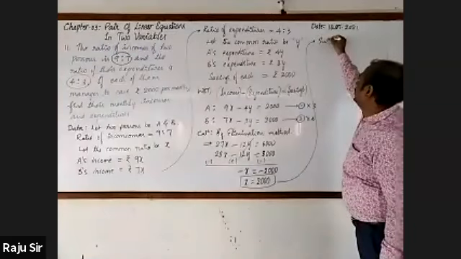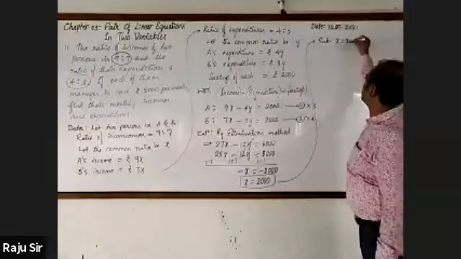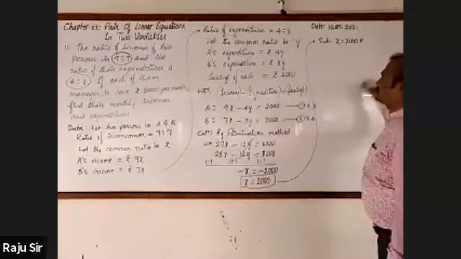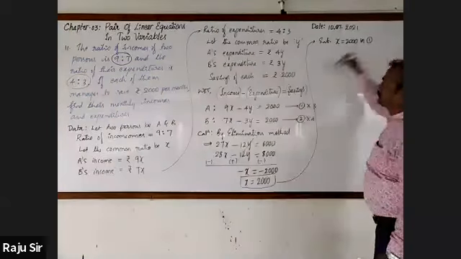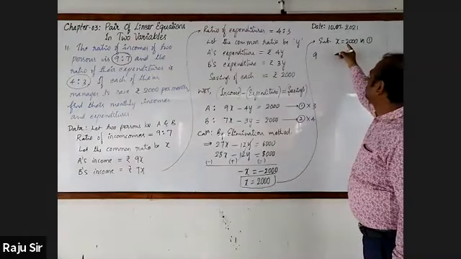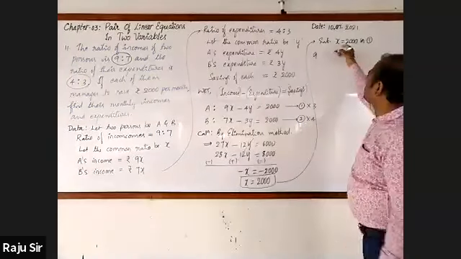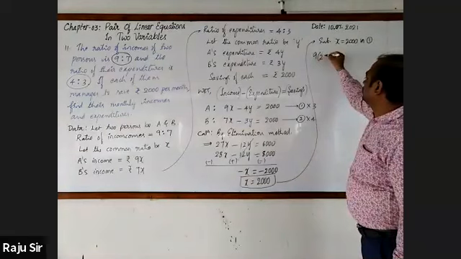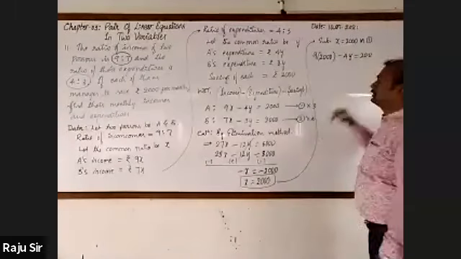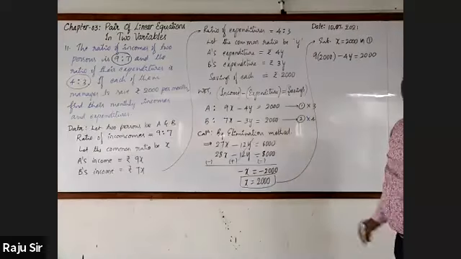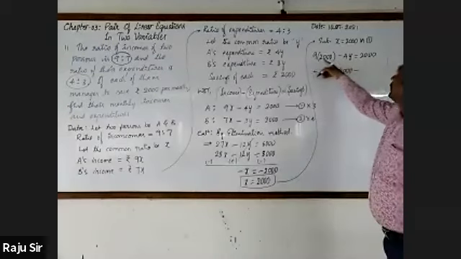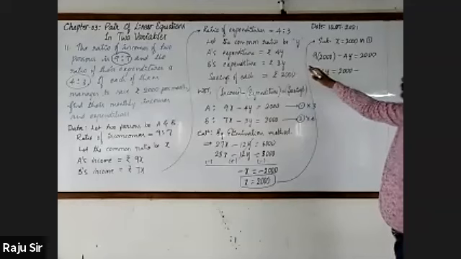Let us find the y value by substituting x equal to 2,000 in the first equation, which is 9x minus 4y equal to 2,000. Where x is 2,000, 9 into 2,000 minus 4y is equal to 2,000. 9 2s are 18, so it will be 18,000.